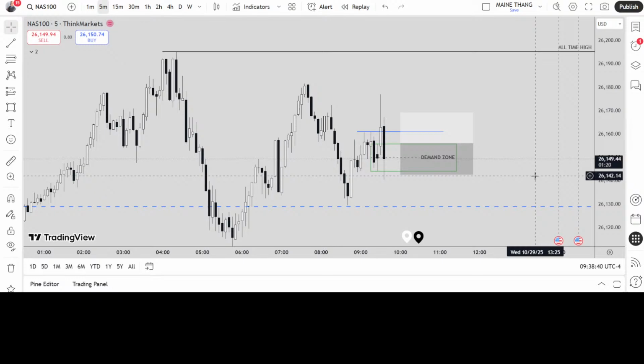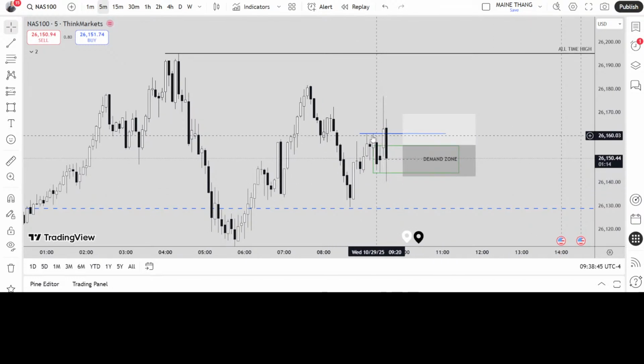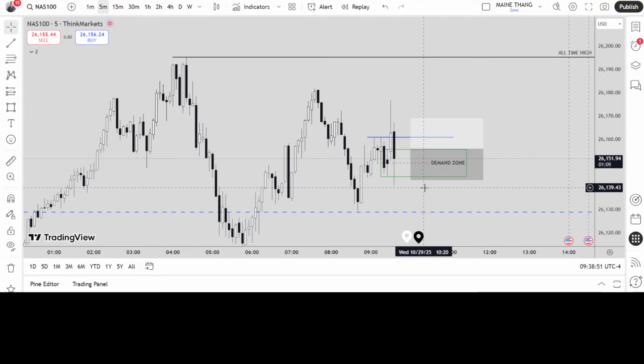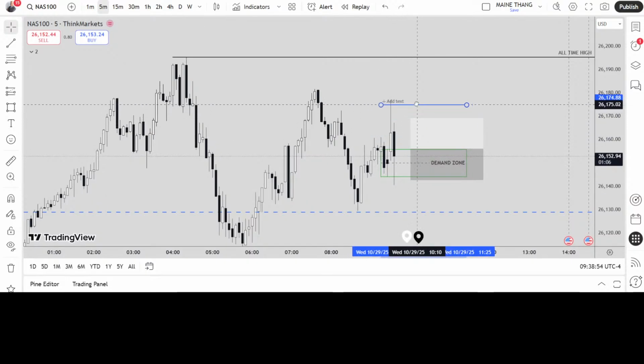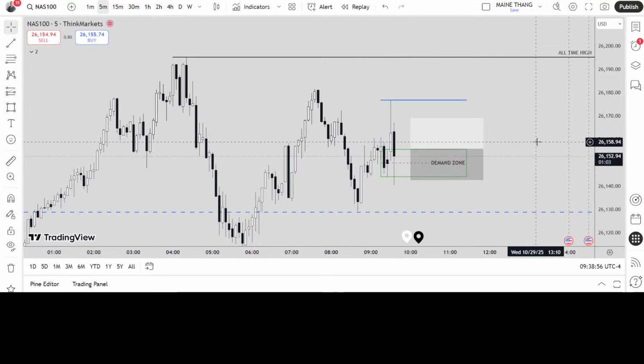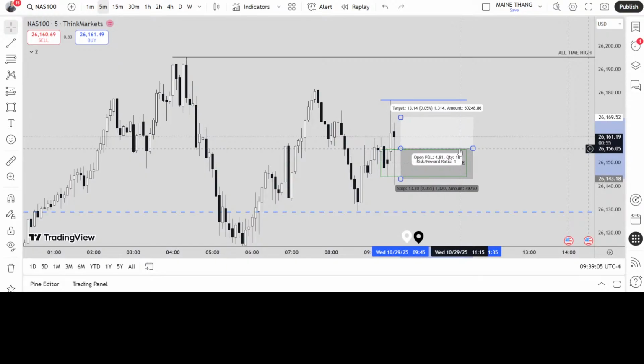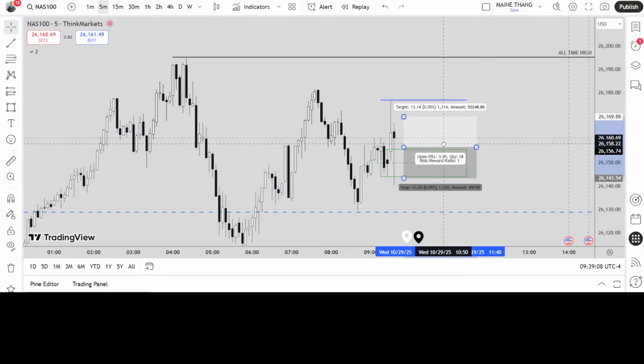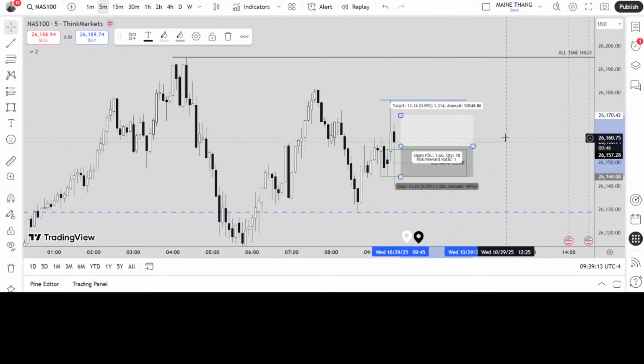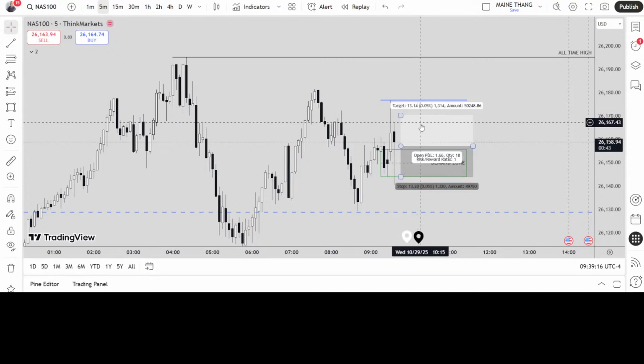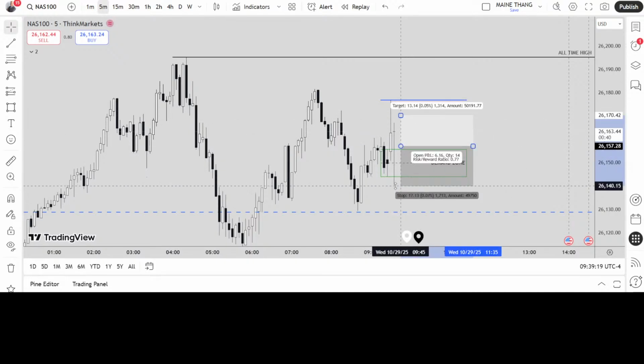So since it did that, took out a high, a minor structure high and a minor structure low, that will be a new breaker structure. If you wanted to be aggressive, you could have entered as soon as that candle came out of the zone. Your new stop will be here.